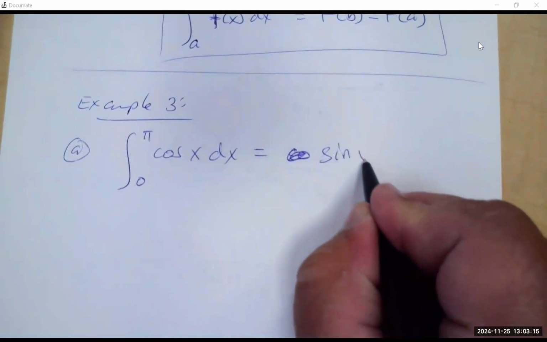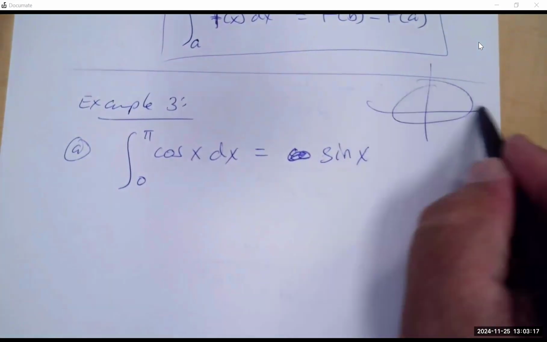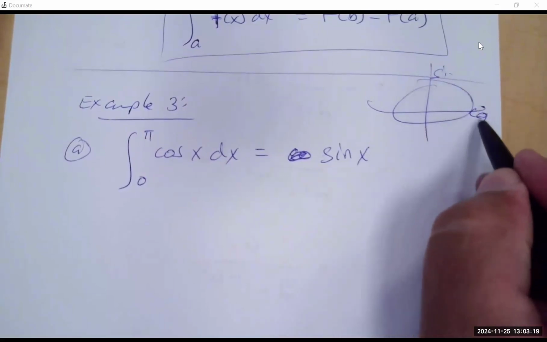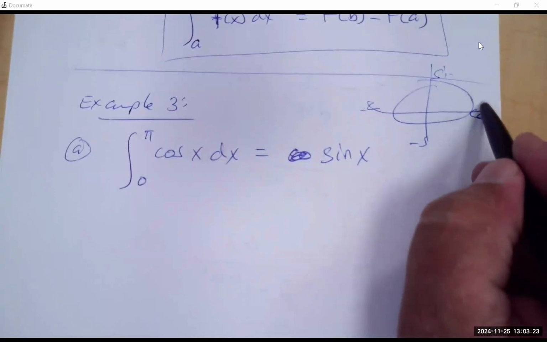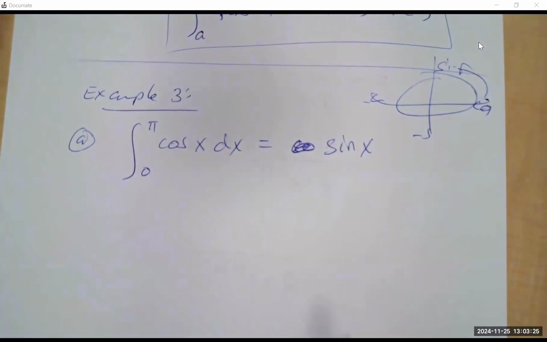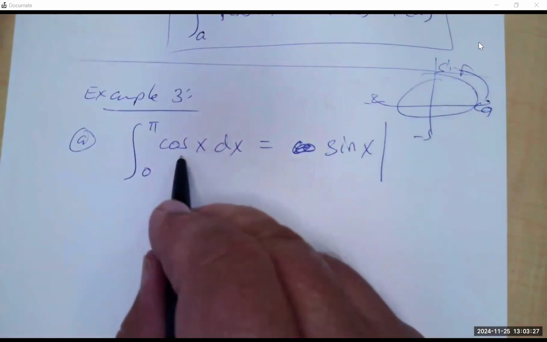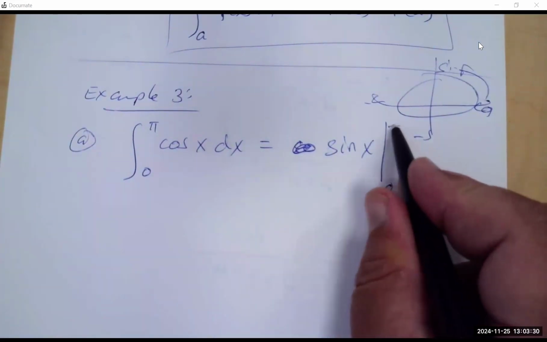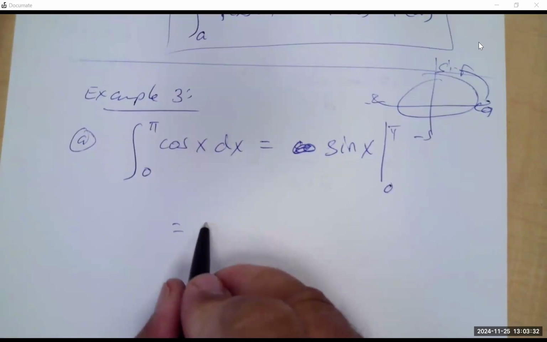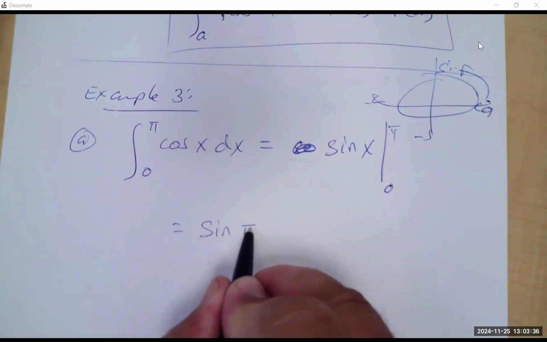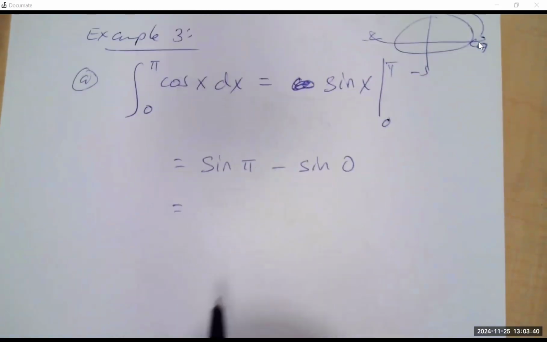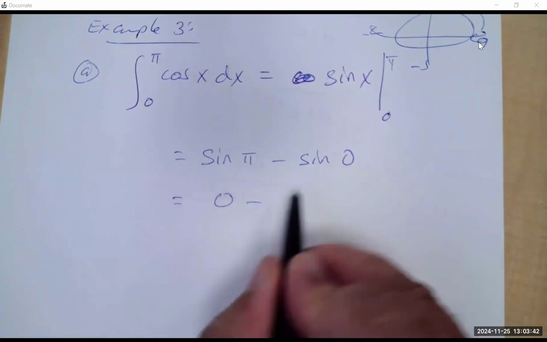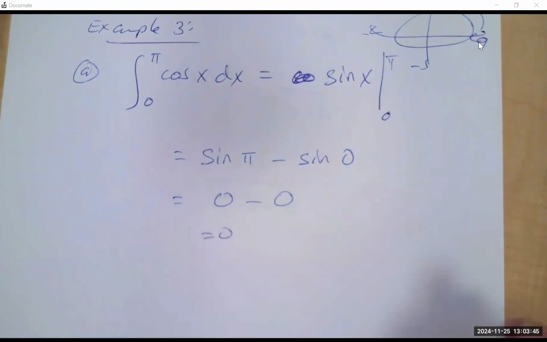Sine. But remember, sine, cosine, negative sine, negative cosine, and we're going backwards. So the integral of cosine is sine from 0 to pi, and according to the Fundamental Theorem part 2, it's sine of pi minus sine of 0. Sine of pi is 0, sine of 0 is 0, so the answer is 0.